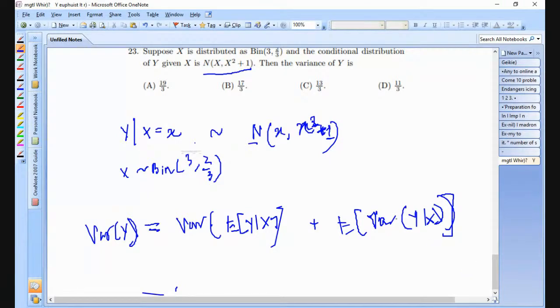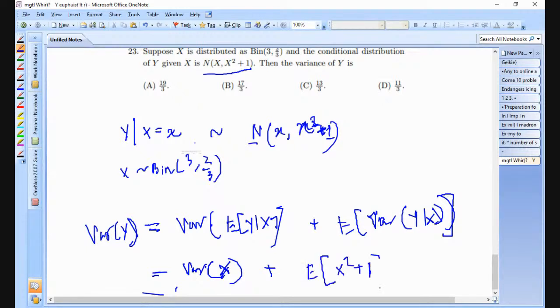What is the variance of Y given X? It is X squared plus 1. And the expectation of Y given X is X. You can easily understand. So it is the variance of X plus the expectation of the variance of Y given X, and the variance of Y given X is capital X squared plus 1.